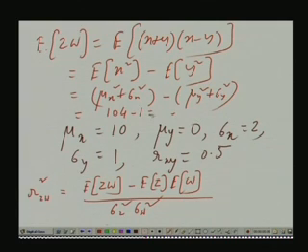So, 104 minus 1, which is 103. So, you put those here, 103 minus E z times E w. E z was 10, E w was 10, divided by sigma_z squared, which is 7, and sigma_w squared, which is 3. So, 103 minus 100, that is 3, 3 by 7 into 3. So, it is 1 by 7.